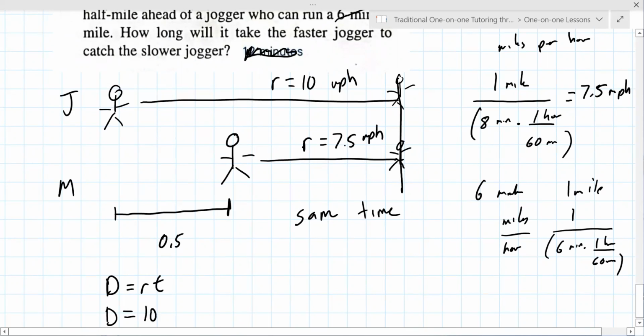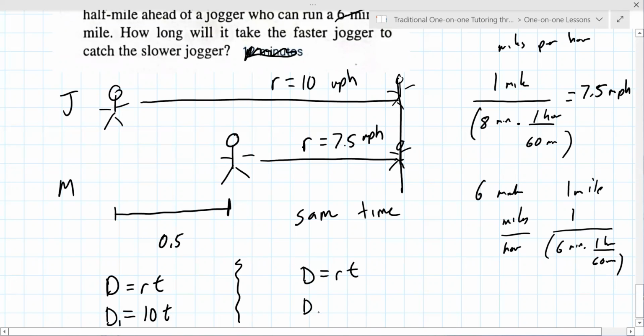Do you know your time? We'll call it T. So that's D1, distance one. Now how about me? Distance equals rate times time. How far did I go?